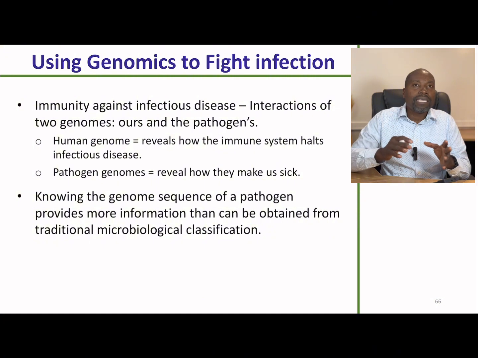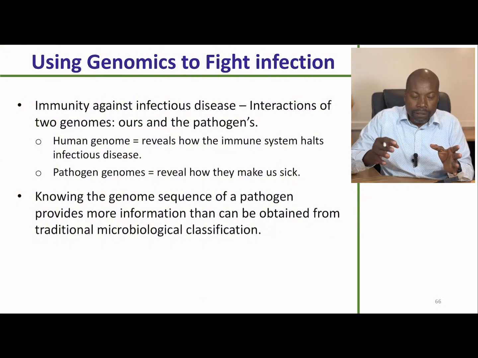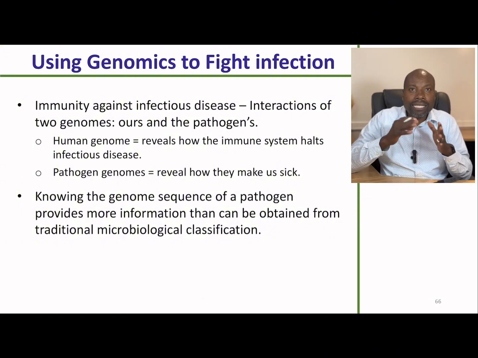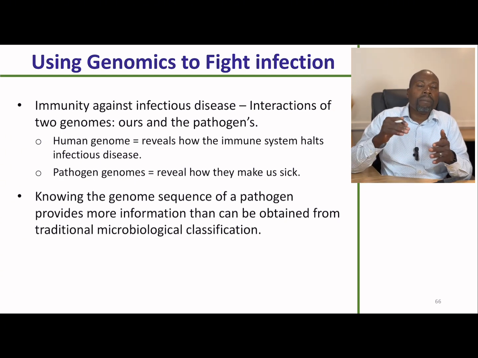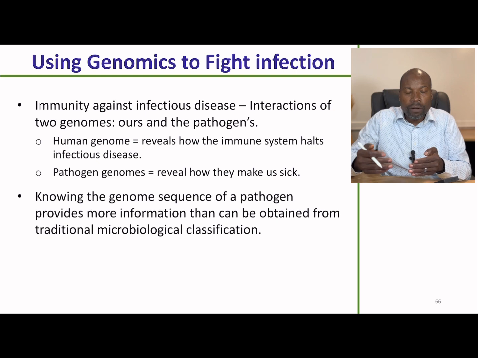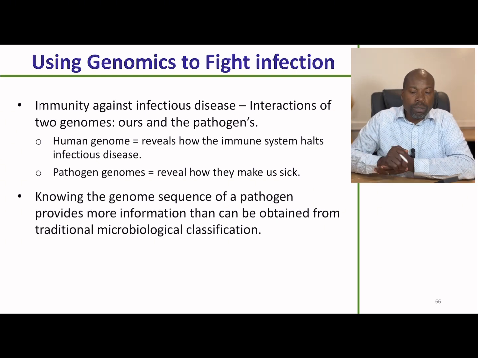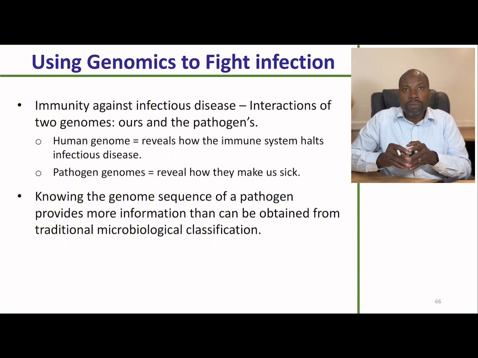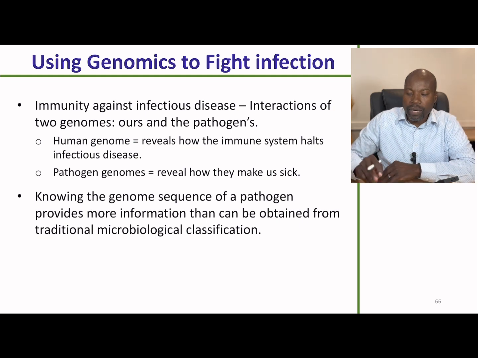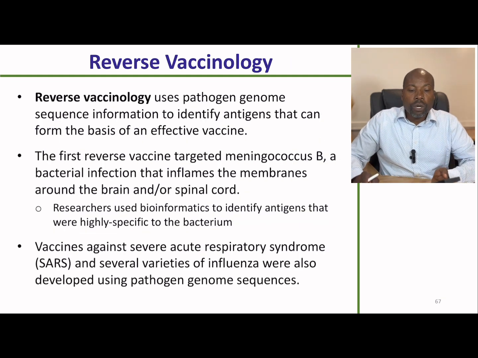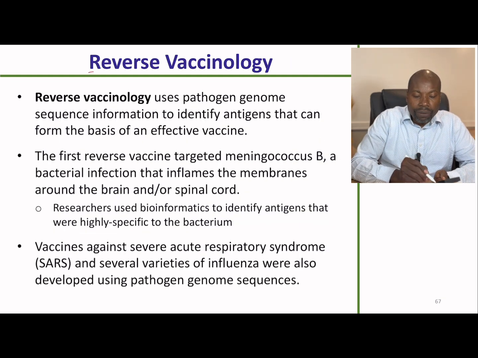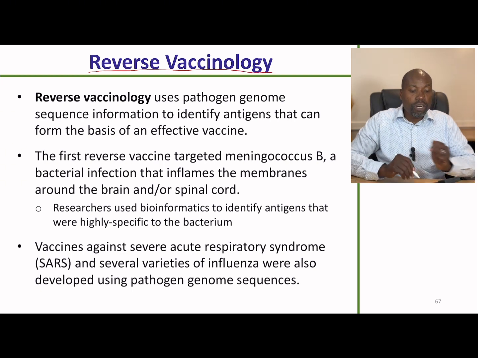Genomics is much better because we can dive into the genome and predict with some algorithms what genes could encode for, and eventually do some kind of reverse engineering, if you will. And talking about reverse engineering, we have reverse vaccinology.